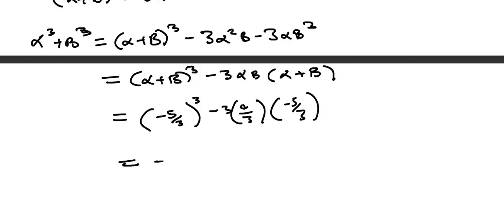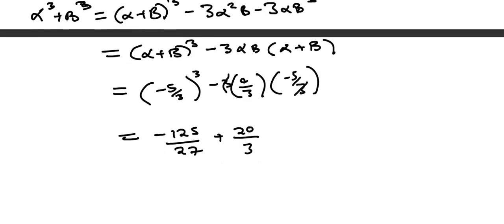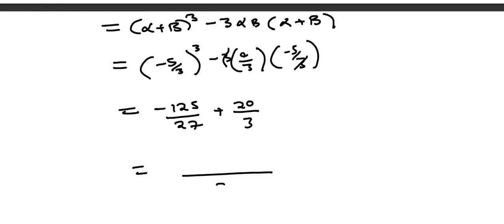This is going to give us negative 125 over 27. Then this will be positive. The 3 will cancel with this 3. This is just going to give us 20 over 3. And then if we sum this up, the common denominator is going to be 27. This is going to be negative 125 plus, so 3 into 27 is just 9, and 9 times 20 is 180.